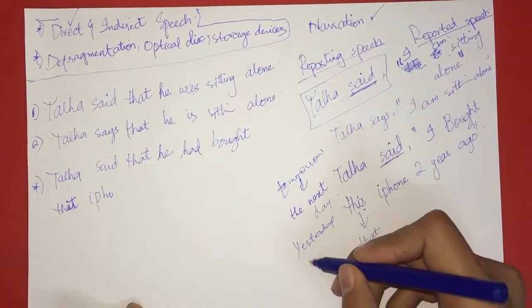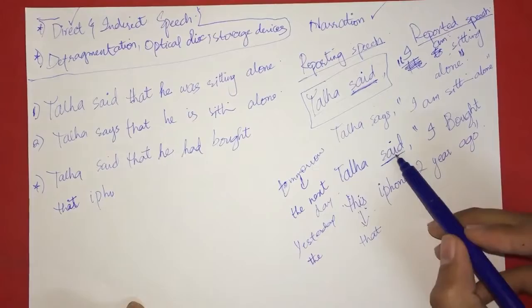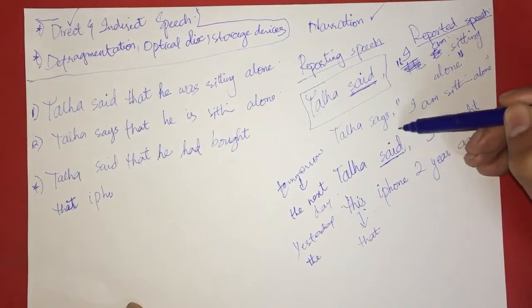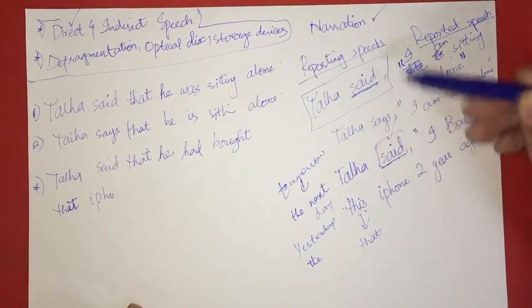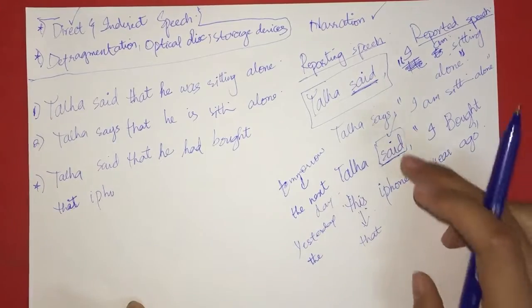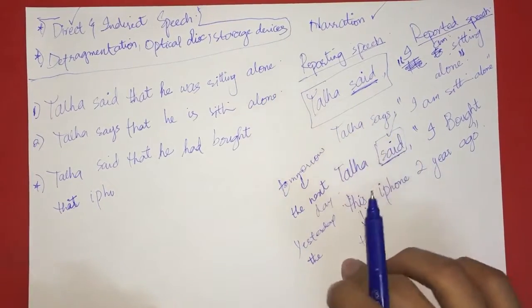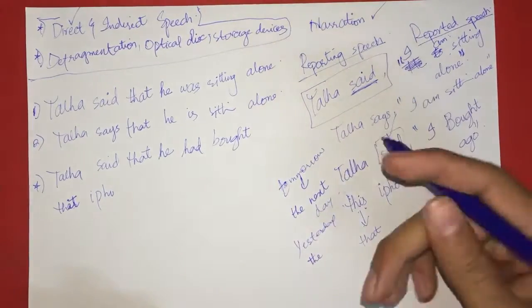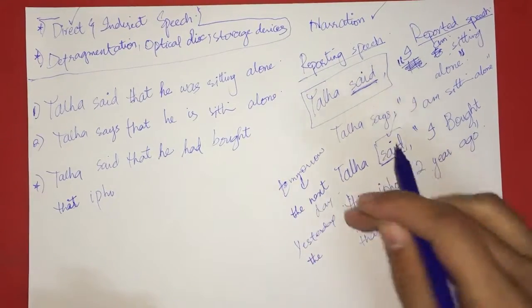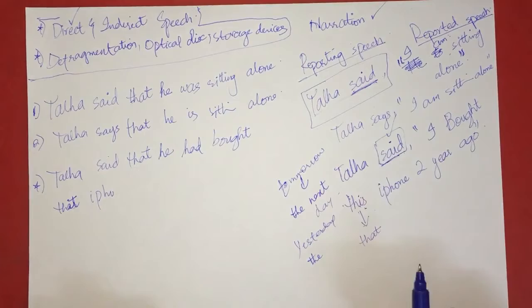Yesterday changes into the previous day only and only if the verb of the reporting speech is in the past tense, then you have to change these words into their successive replacements.